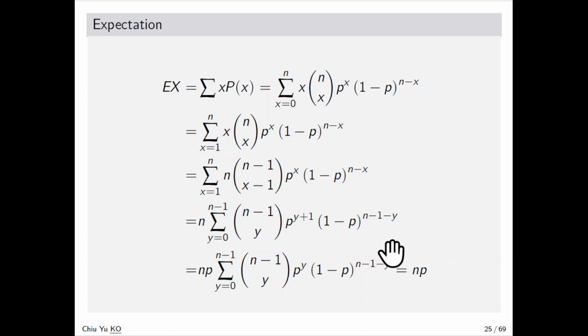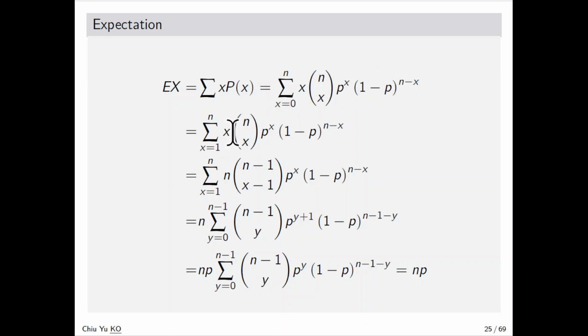Now we are going to prove that the expectation is equal to np. The goal is to prove it is np. The expectation of x, by definition, is x times p of x, where p of x is n choose x, p to the x, and 1 minus p to the n minus x. The first trick is that x equal to 0 contributes nothing, so you can start from 1, because 0 times everything is nothing.